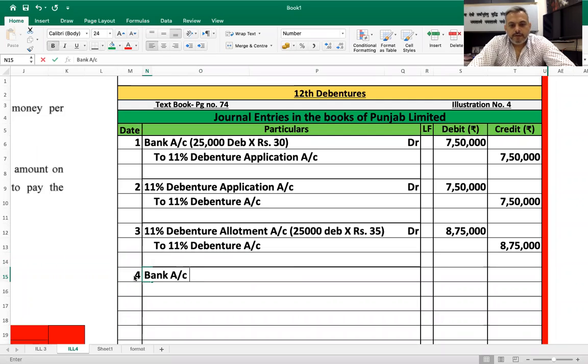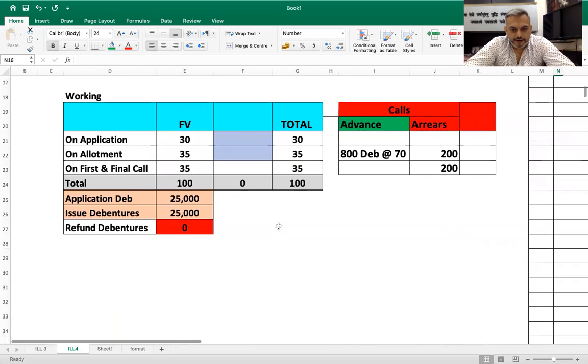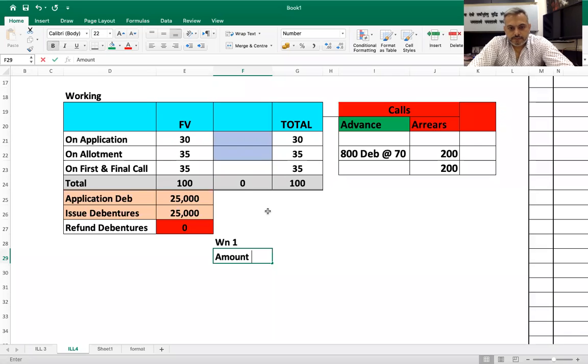Fourth, bank account debit. Now in the bank account, how much money we are going to receive is first for 25,000 debentures, or if you want we can do a separate working also for this in order to avoid confusion. I'll do a working over here. Amount received on allotment. On allotment we received how much?